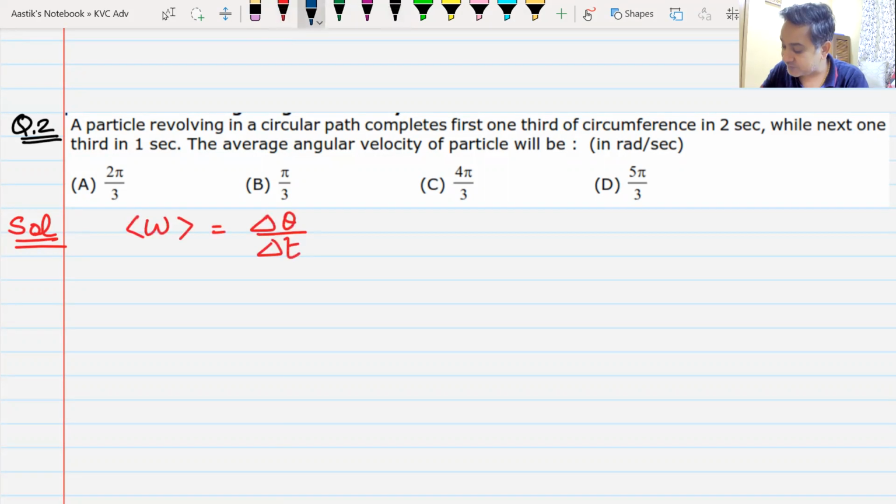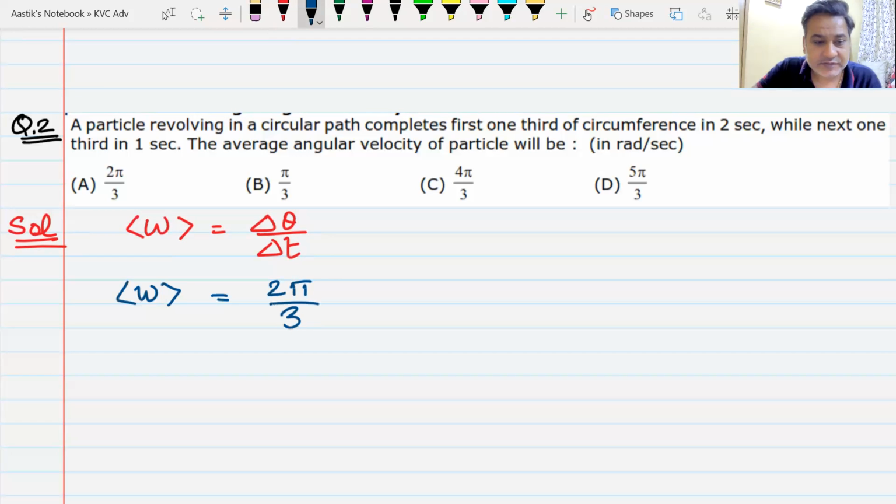What is the total displacement? Total displacement is 2 pi, 1 revolution. Time is 1 plus 2, 3. That is your answer, 2 pi by 3 radians per second. Do we understand this? Yes, sir.